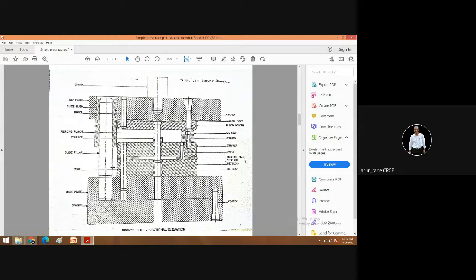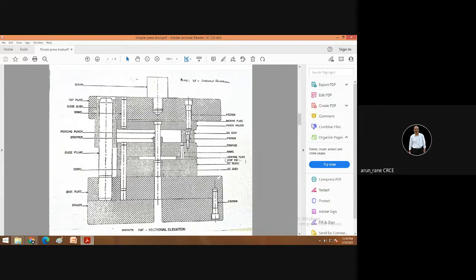This is a dowel which is used for aligning stripper, die block, base plate. This is a guide pillar. Guide pillar is again hardened. So that's why it has to operate through guide bush. So this guide pillar aligns your bottom and top perfectly aligned.